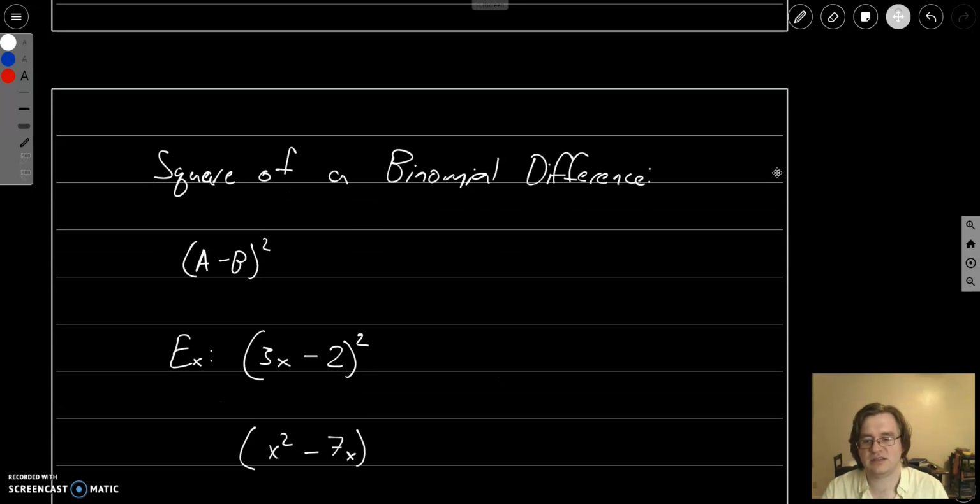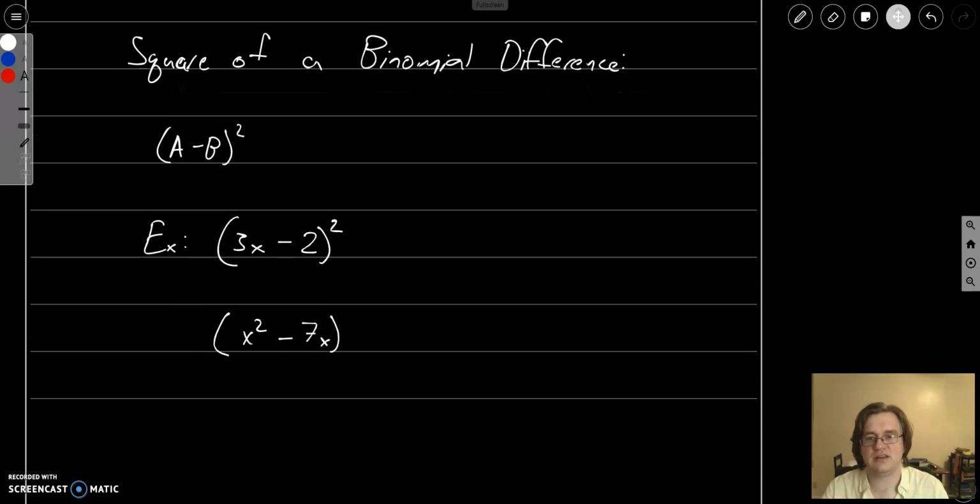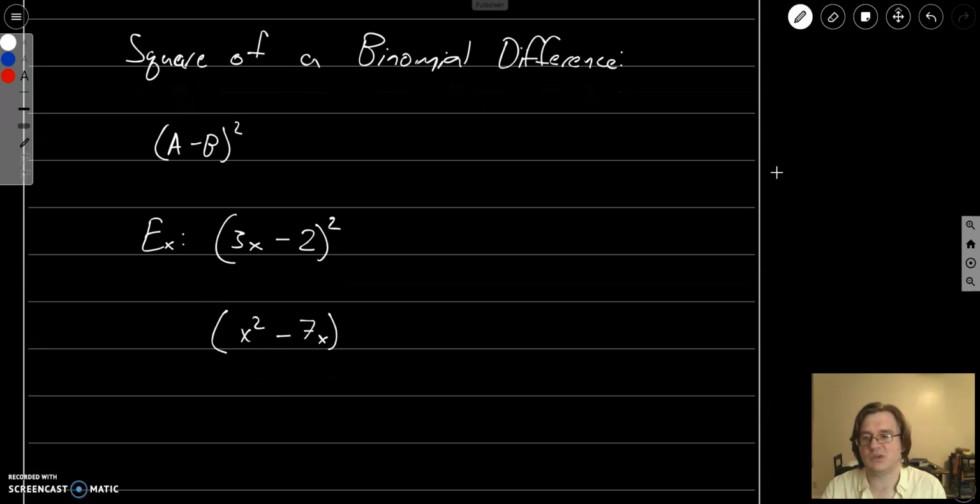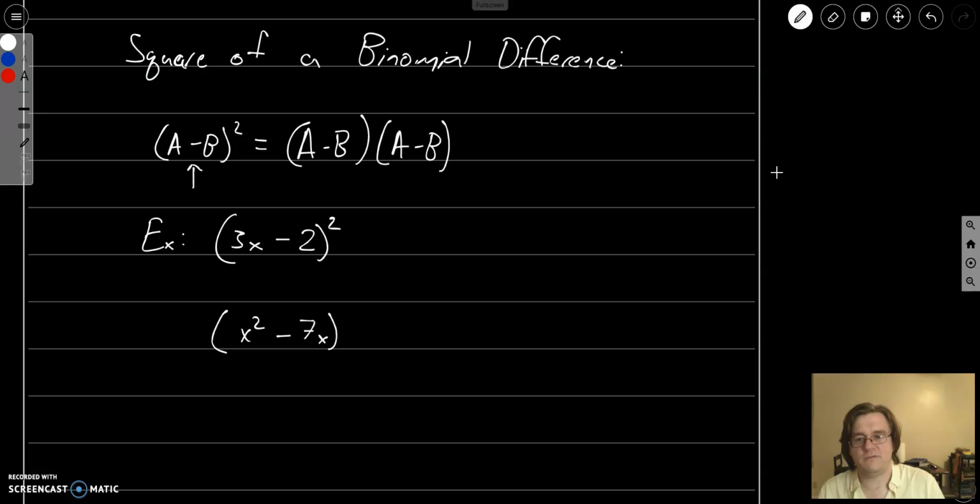And then the last thing that we'll look at is, again, what happens if we square a binomial that has subtraction instead of addition in the middle. So this will be a minus b times a minus b. FOIL, so first a squared.